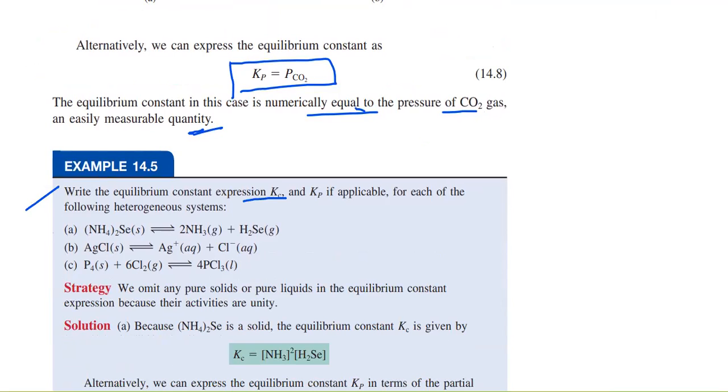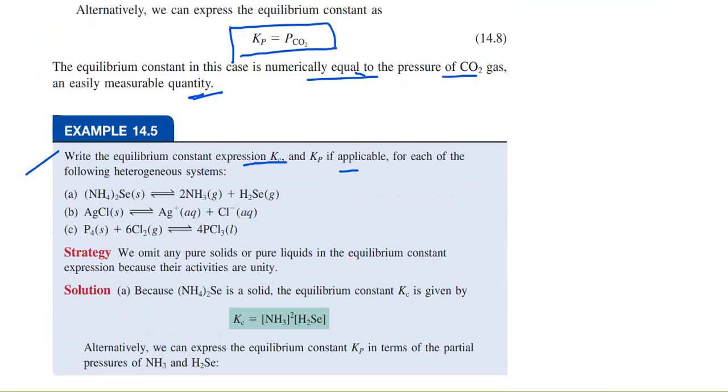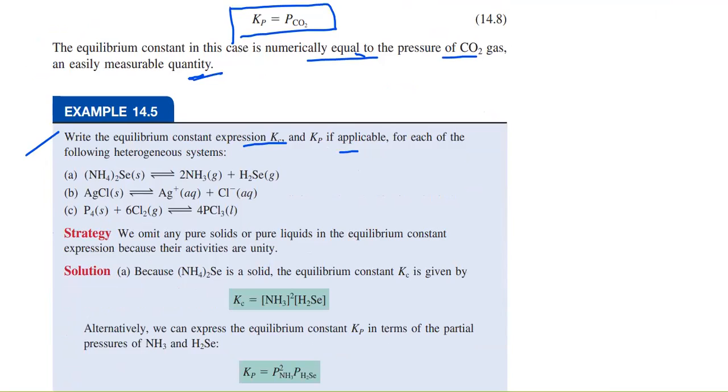We'll see an example here. Write the equilibrium constant expression Kc and Kp, if applicable, for each of the following heterogeneous systems. For the first expression, H2Se, hydrogen selenide, is a gas, ammonia is a gas, whereas ammonium selenide (NH4)2Se is a solid.